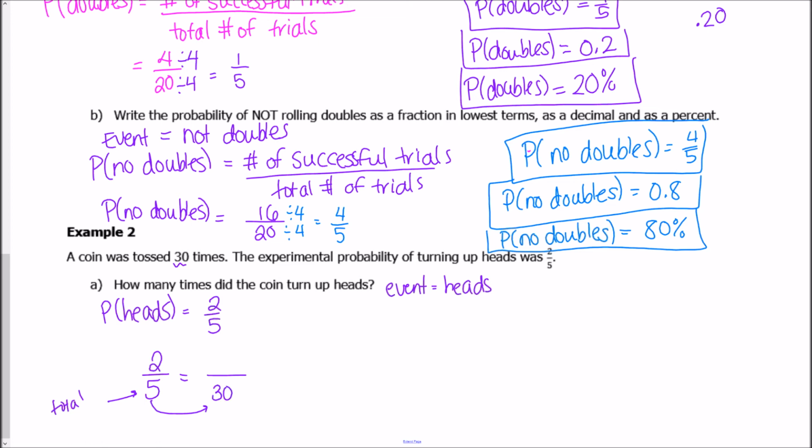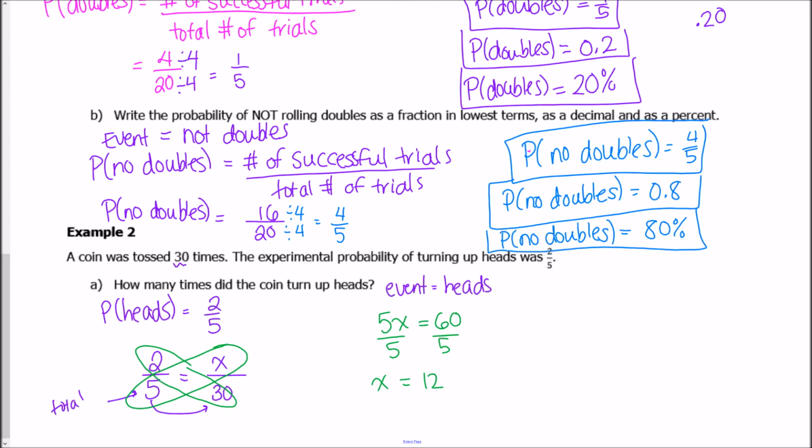We don't know how many times the heads actually turned up, so we're going to put X for the number of successful trials. Now that we've got a proportion, all we have to do is cross multiply. 5 times X is 5X, and on the other side, 2 times 30 is 60. Now to solve for X, just divide both sides by 5, so I end up getting X equals 12.